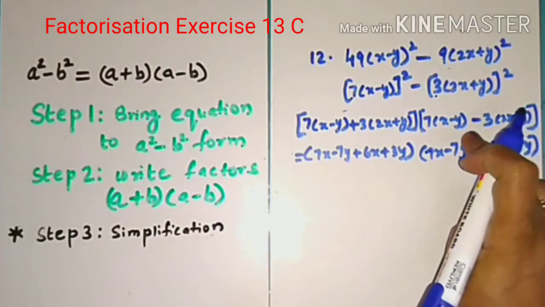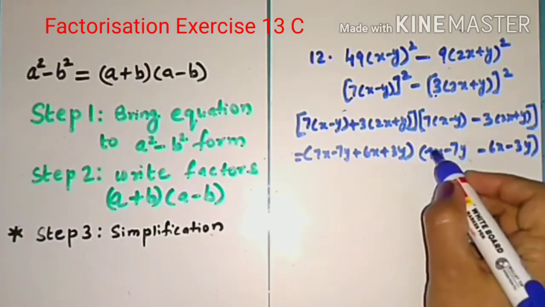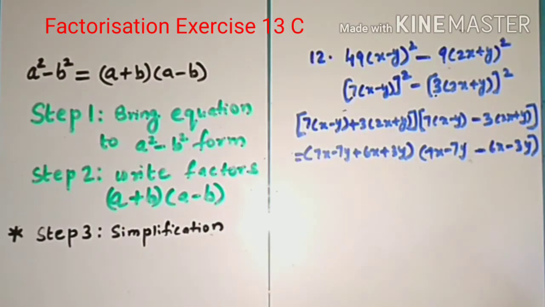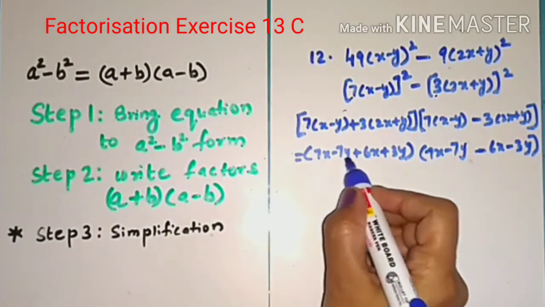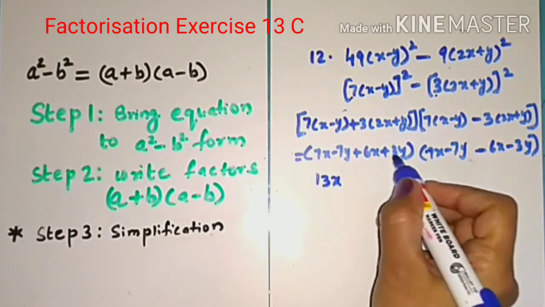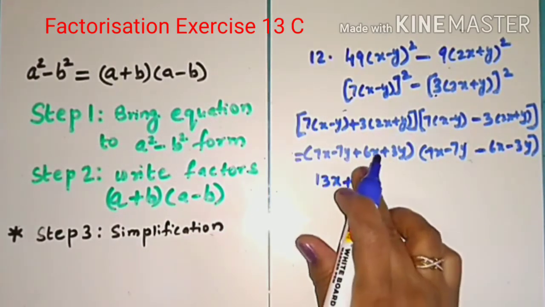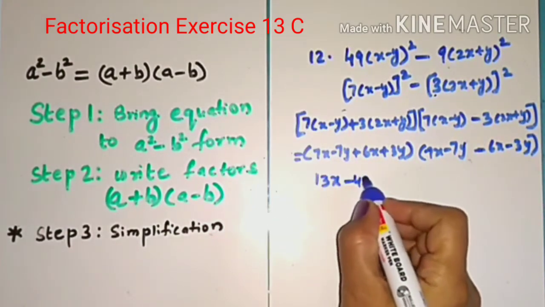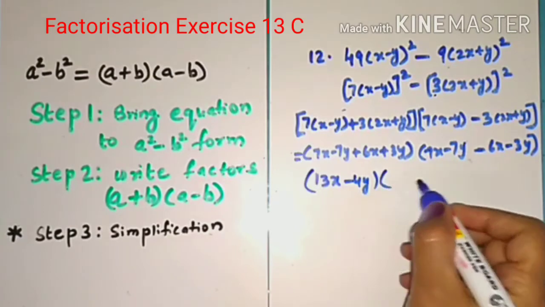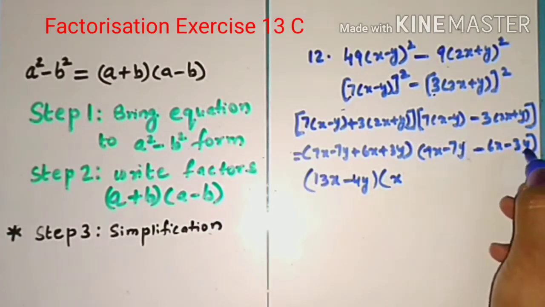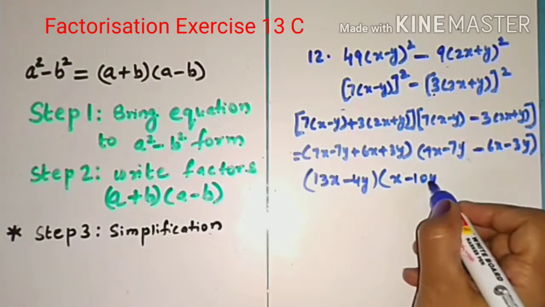There is no need to put a bracket here. 7x minus 7y, we are opening this bracket, so bracket is not needed there. 7x plus 6x becomes 13x, minus 7y plus 3y is minus 4y. 7x minus 6x is x, minus 7 minus 3 is minus 10y.